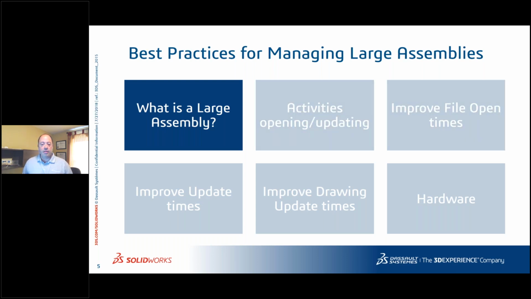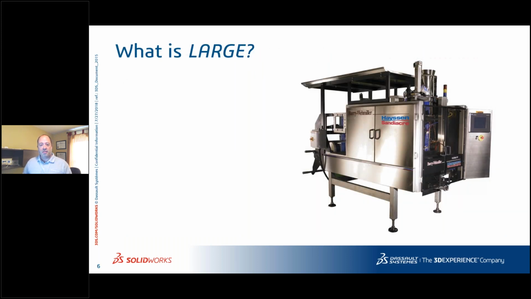So let's talk about putting a definition around a large assembly. First of all, what is large? What is defined as being large? My definition of being large is not with number of parts or sub-assemblies, is not with the size of the assembly. It's actually fairly simple.